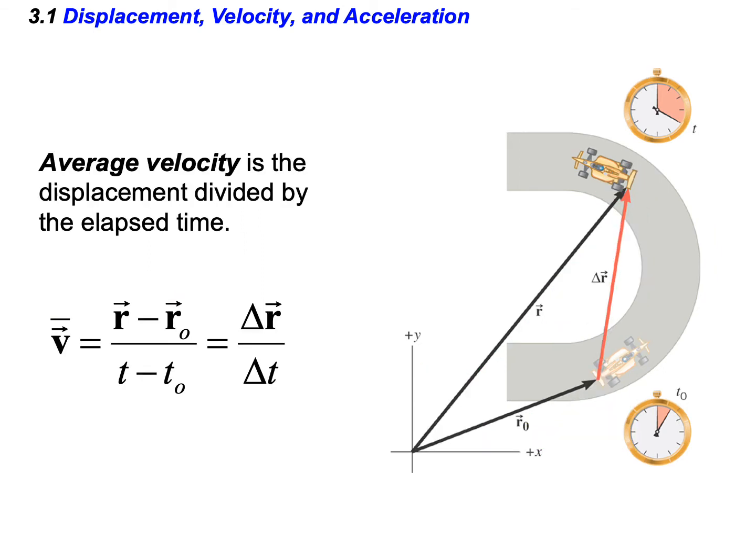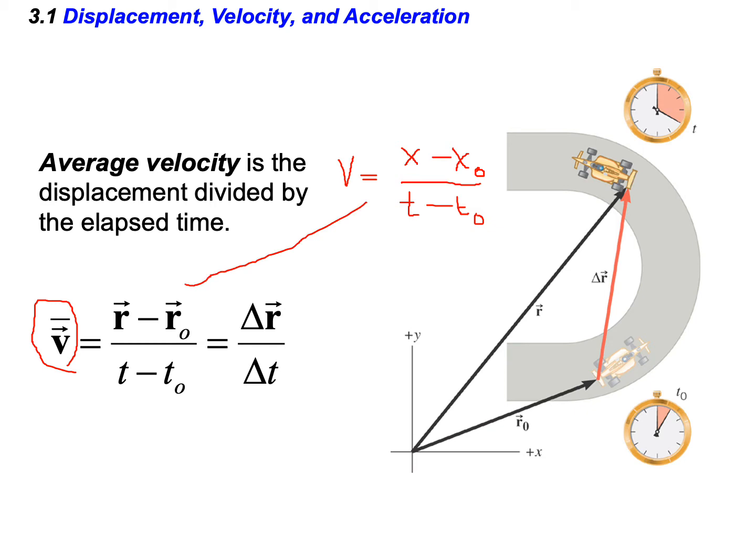Now we can define the velocity of an object on a two-dimensional plane. In the previous chapter, we defined velocity along a straight line, which is displacement along the x direction, final minus initial, over final time minus initial time, the time difference: position change and the time change, delta x over delta t.